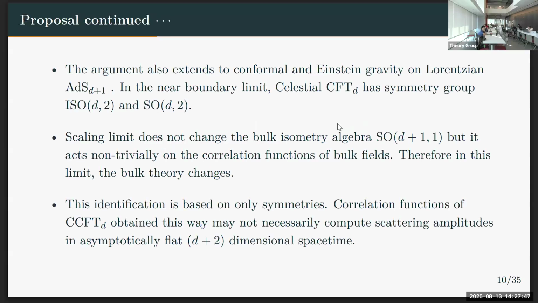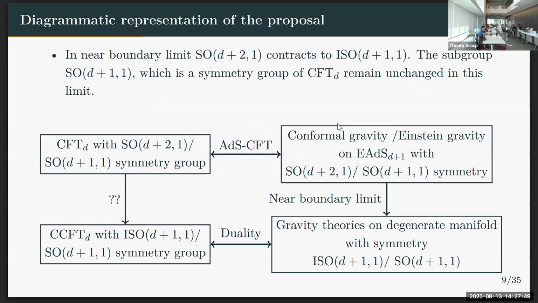When I'm looking at a CFT with SO(D+1,1) symmetry here, or a CFT with SO(D+1,1) symmetry there, the dual bulk theory is different. So by this logic, these two CFTs have to be different. I have this answer only for holographic CFTs, but there is no clear answer if given two isolated CFTs, since I don't have that reason for them.